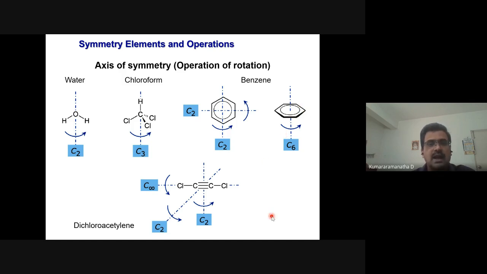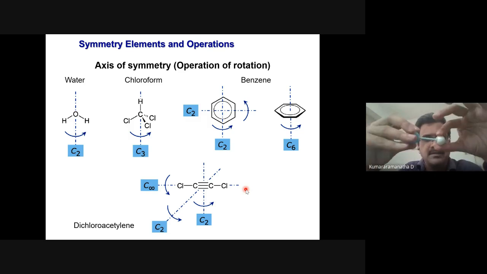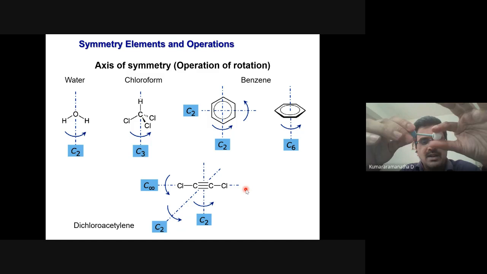And for example, dichloroacetylene. This has infinite symmetry, meaning whatever rotation you do, it stays the same. This is the infinite mode of symmetry, because you already have a linear molecule.